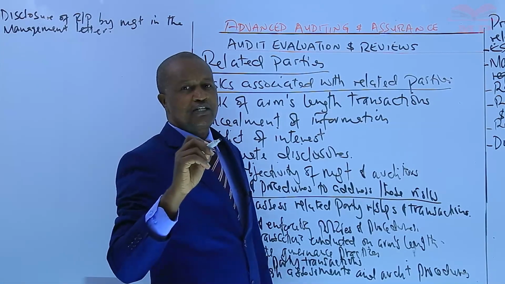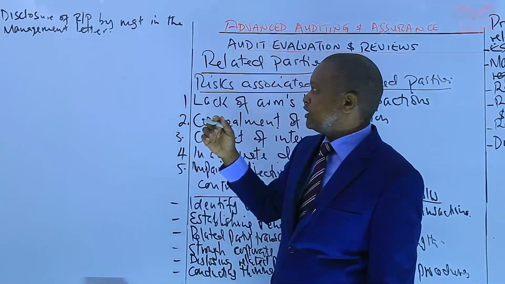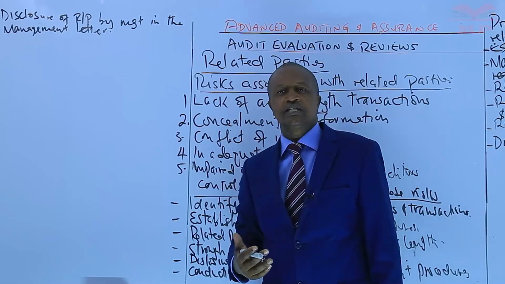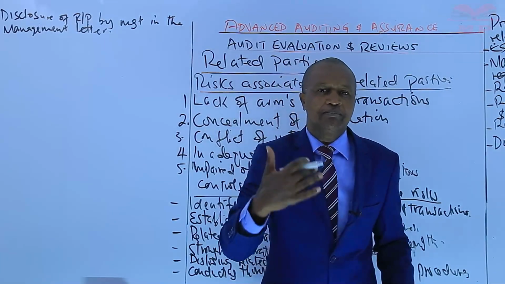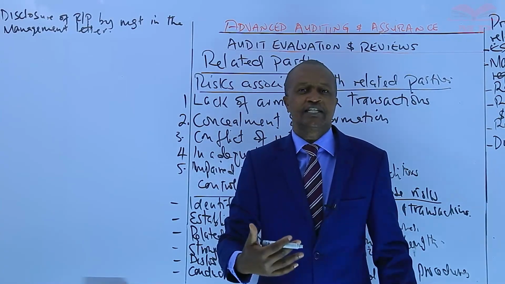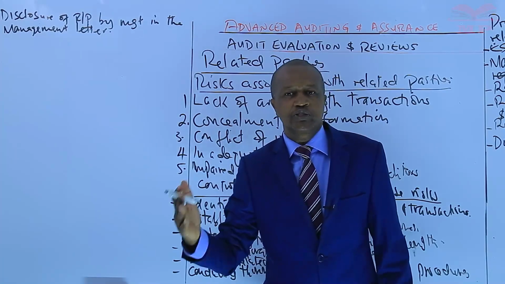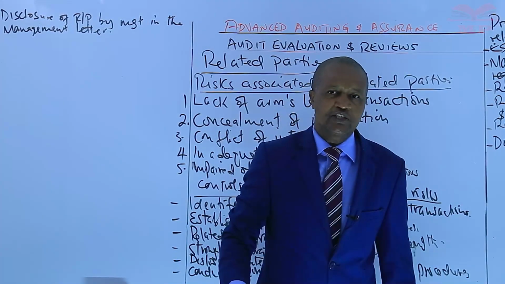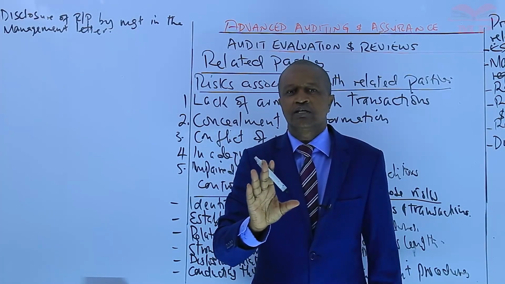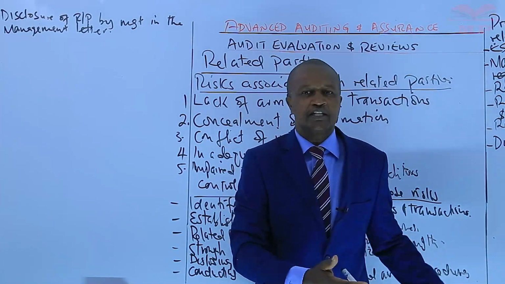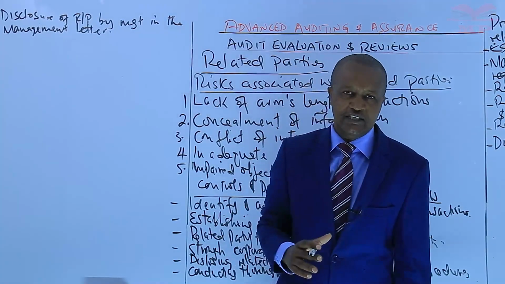Now, candidates, in the management representation letter, the disclosure of related parties typically includes a representation by management regarding the identification and the disclosure of related party relationships and transactions in the financial statements. And the specific language used may vary depending on the jurisdiction and the applicable accounting standards.